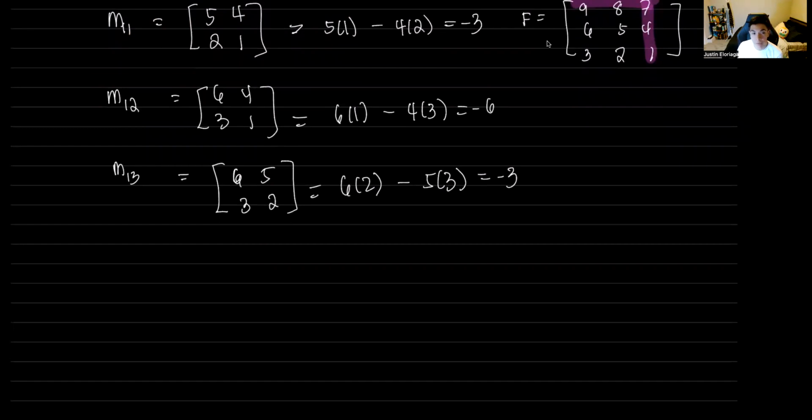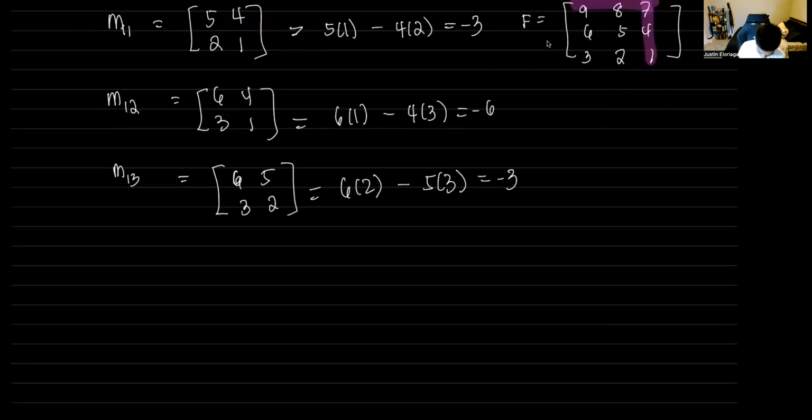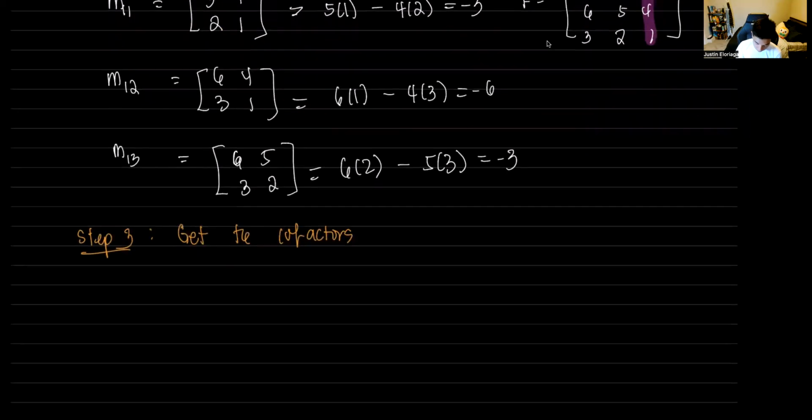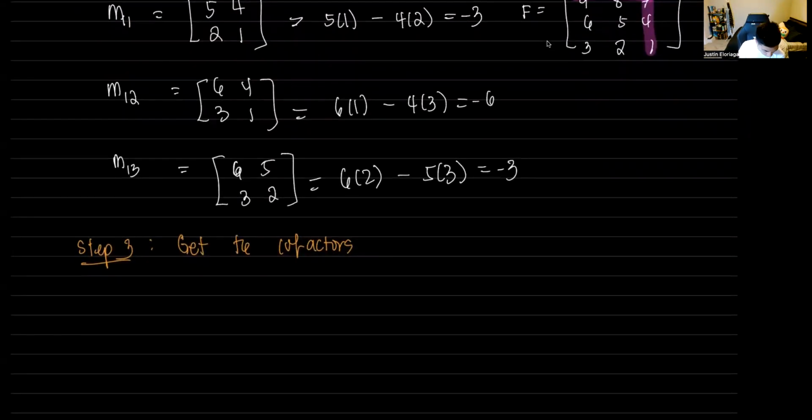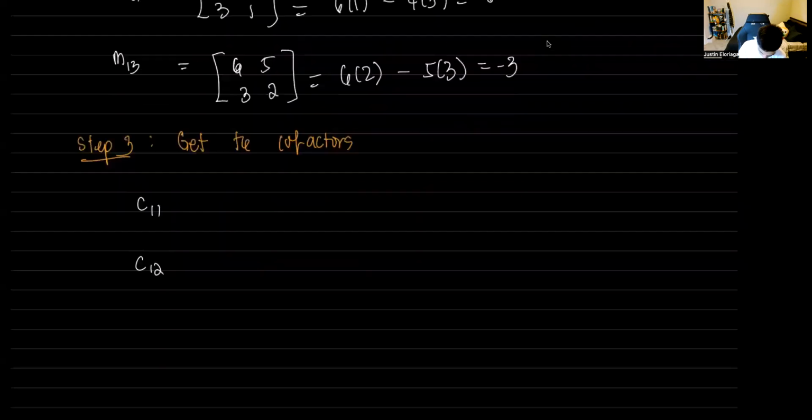After we computed the minors, step 3 is to get the cofactors. If we have 3 elements and 3 minors, we will have 3 cofactors: C11, C12, and C13.